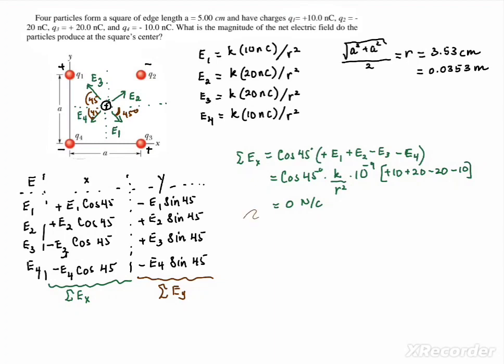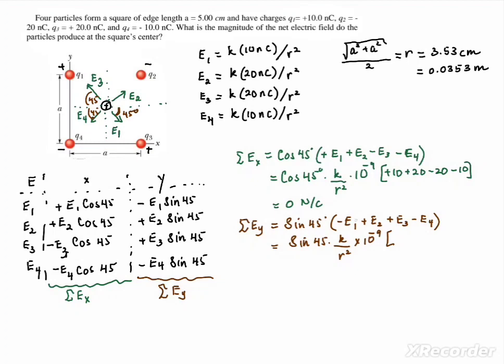Now let's do the y components. I'm going to factor out sine 45. What's left is negative E1, positive E2, positive E3, negative E4. Then I'm going to factor out things again, factoring out k, r squared, and then 10 to the negative 9.